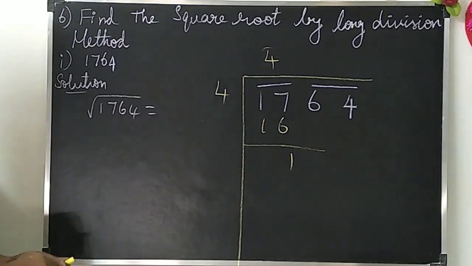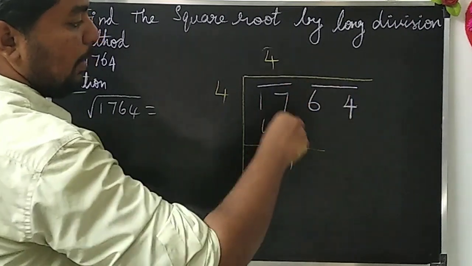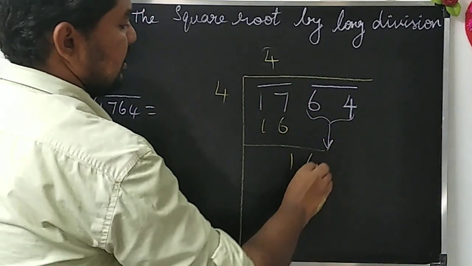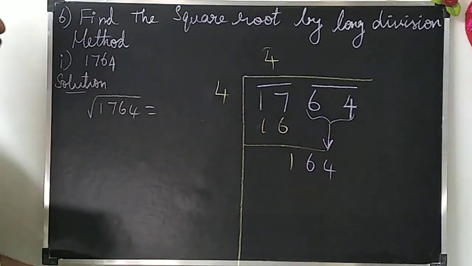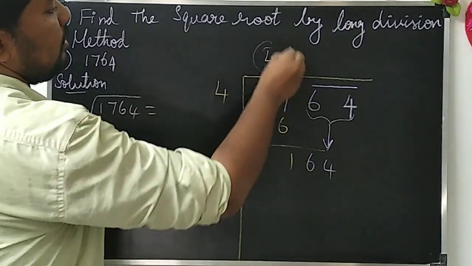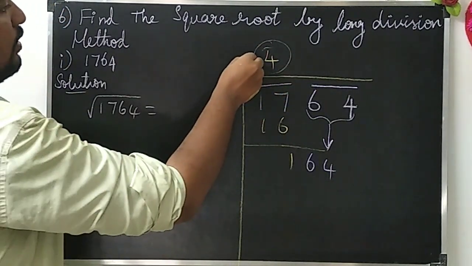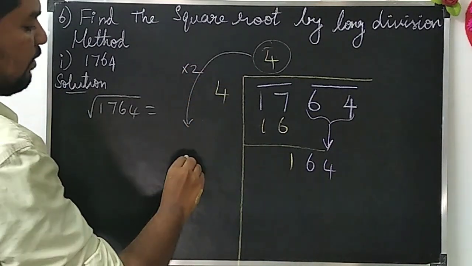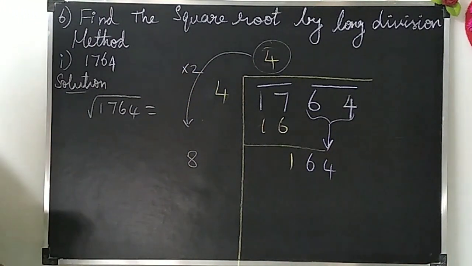Okay. Next step, write down the next pair. This pair you write down here, 64. So the next number will change to 164. The next step, the quotient contains 4. Just multiply the number by 2 and write it here, 8. 4 2s are 8.